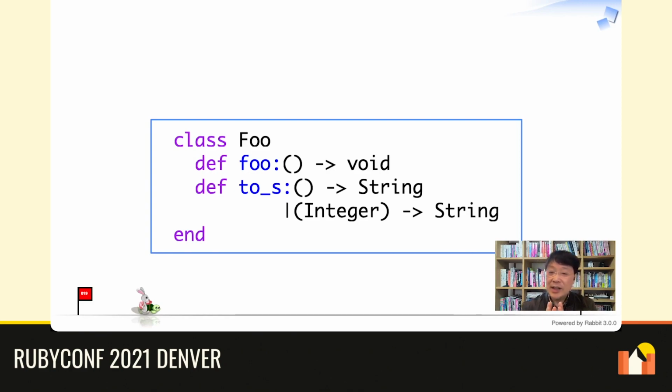The RBS language also supports generic types and interfaces, so that you can describe those kinds of higher order types if you want.